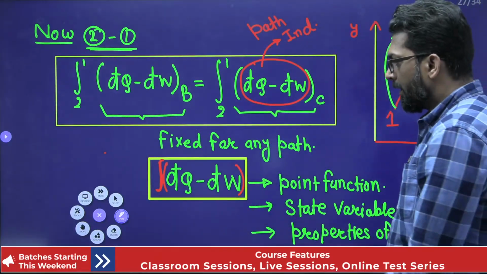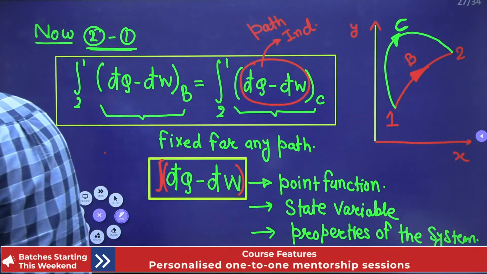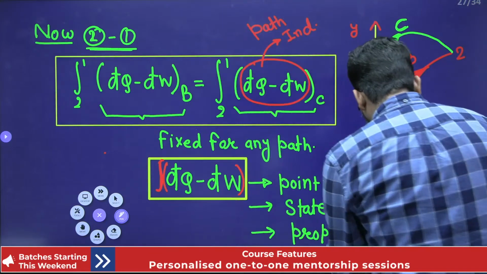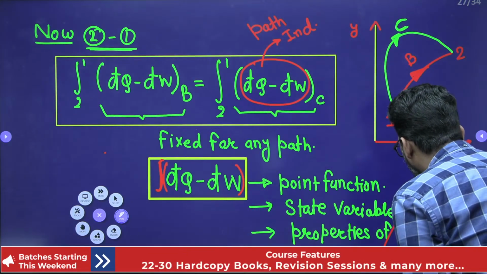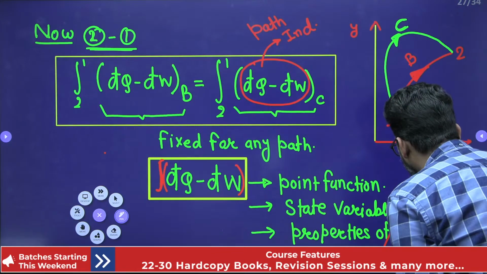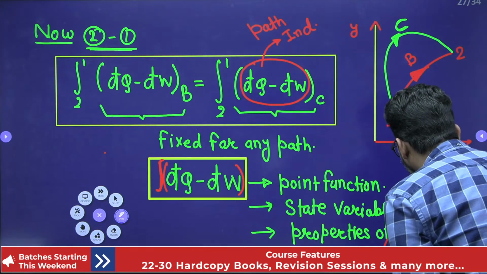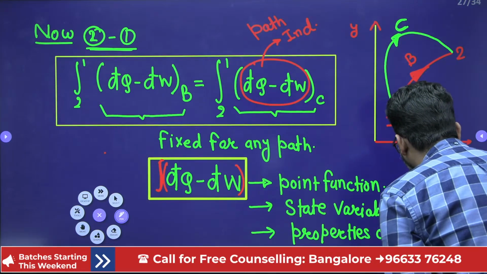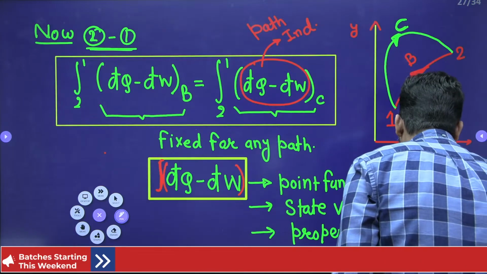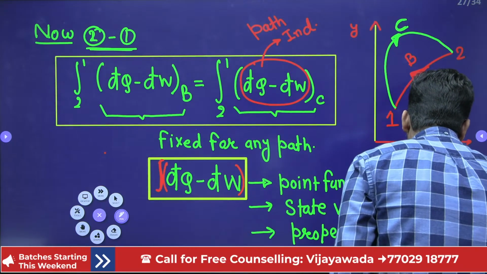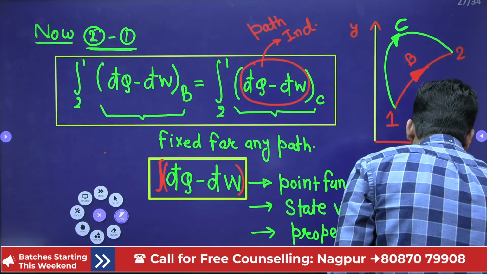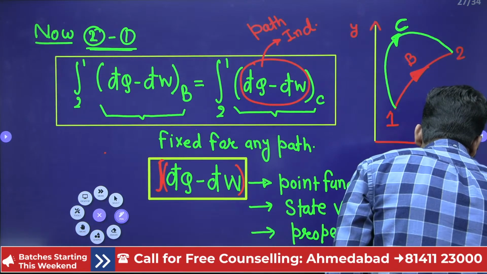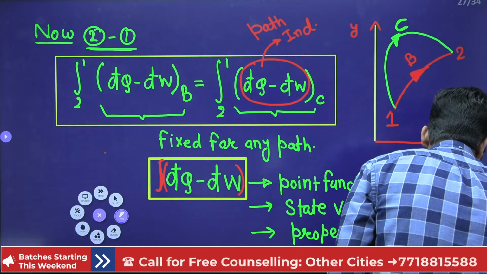Now, that point function or property of the system is called, what is it called? This is called internal energy or total energy of the system.